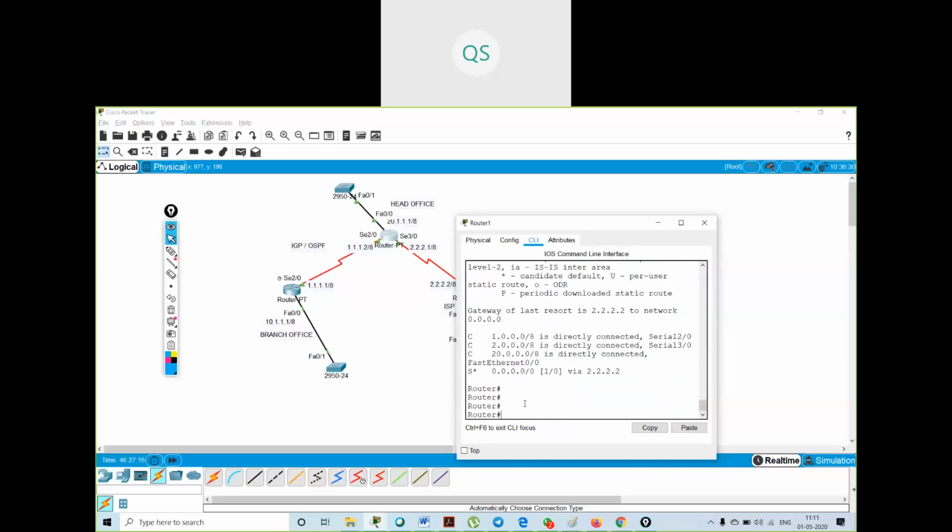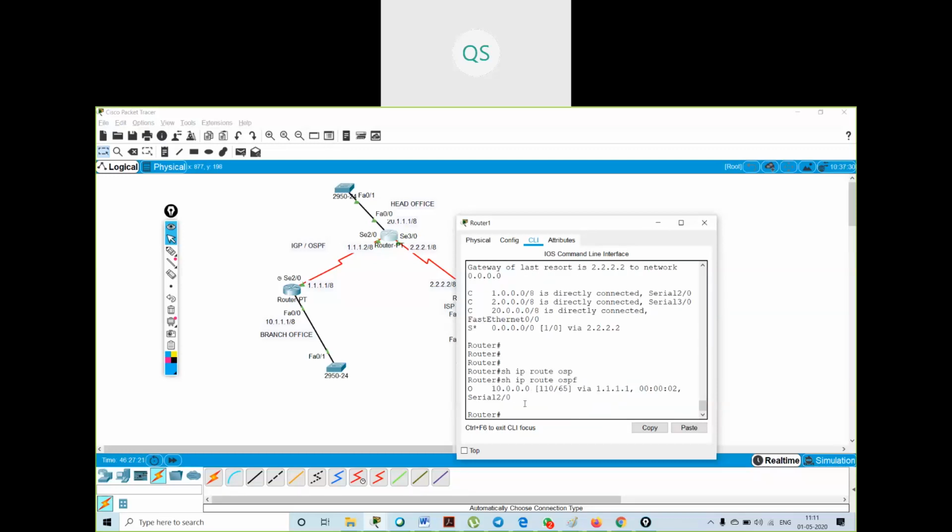Show IP route OSPF. See, I'm getting a route for the 10 dot network via 1.1.1.1 on my head office router. Correct.